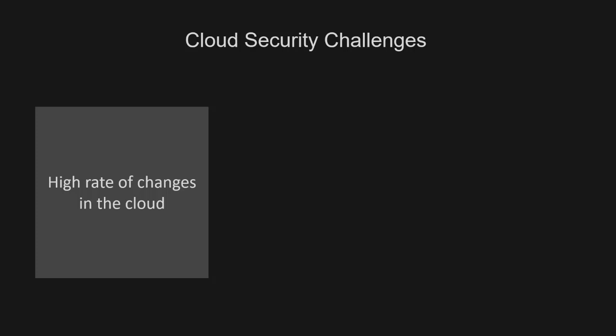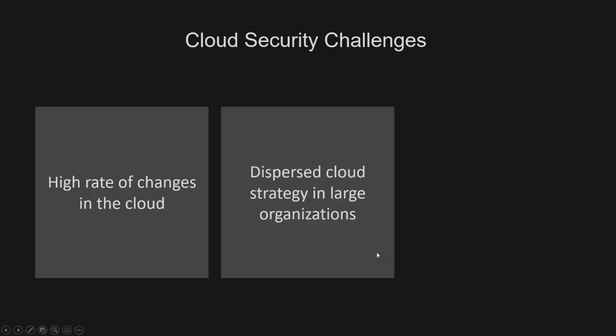In the old days, you deployed a server, it's a physical server, you know it, you see it, you touch it, you secure it. With infrastructure as code, the high rate of changes in the cloud is a challenge. And also, for those who are good in cloud computing, we know that the lifespan of servers can be less than 1 hour, especially in the case of scale sets, where you can increase the number of servers as the workload increases, and then decrease the number of servers as the load decreases.